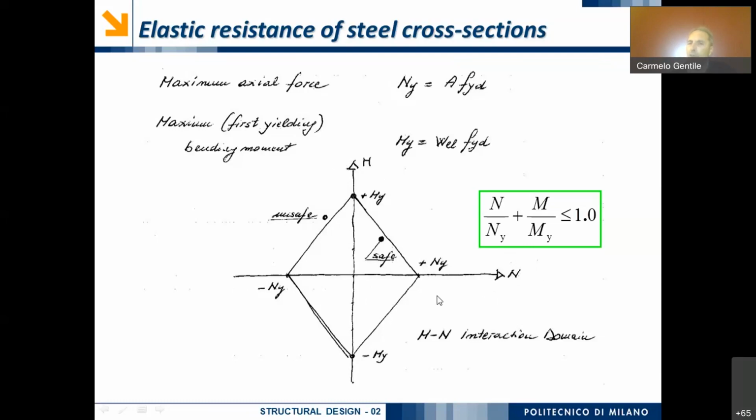On the n-axis, we will draw the position corresponding to the maximum axial force. And so I will have plus N epsilon on the positive side of the n-axis and minus N epsilon on the negative side of the n-axis.